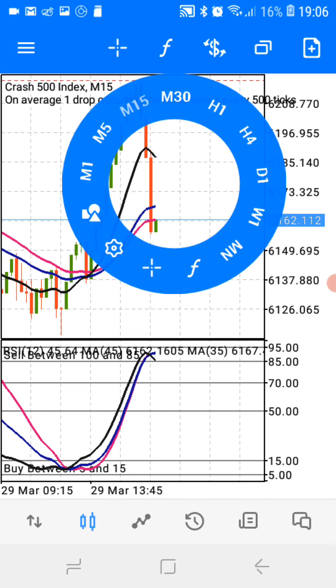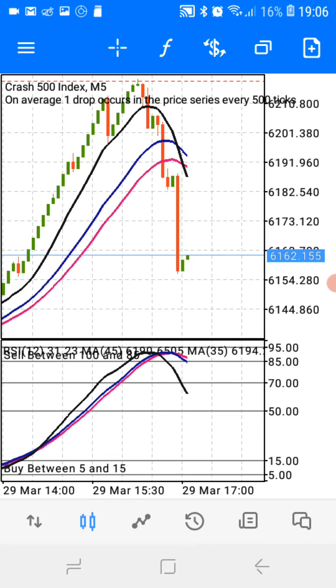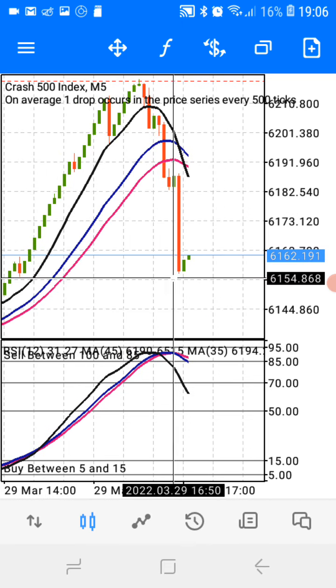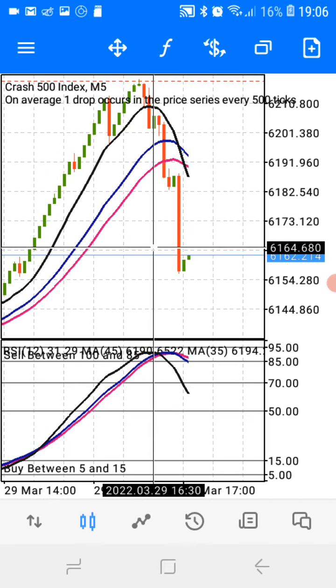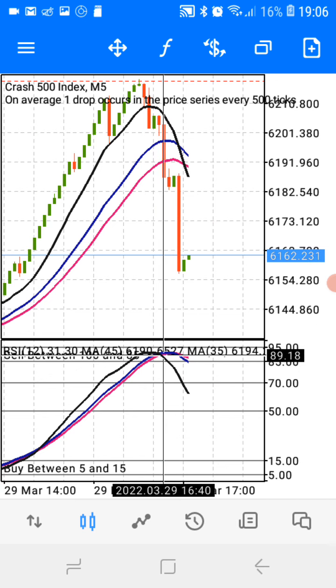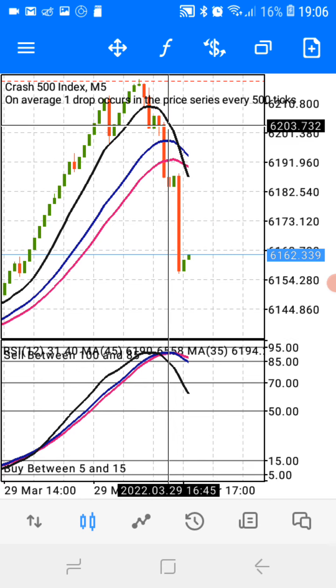Let me go to the 5 minutes time frame. They crossed here, and when they crossed, you could have taken your trade as well. You could have taken it somewhere here, and still you could have been in profit.